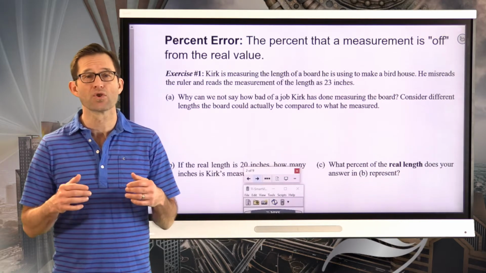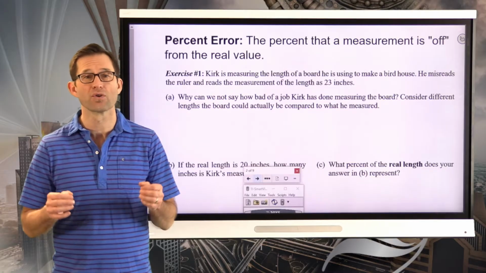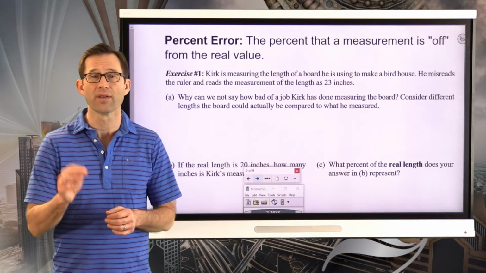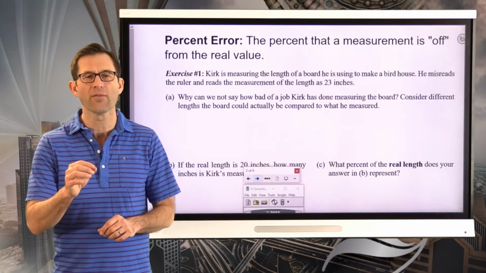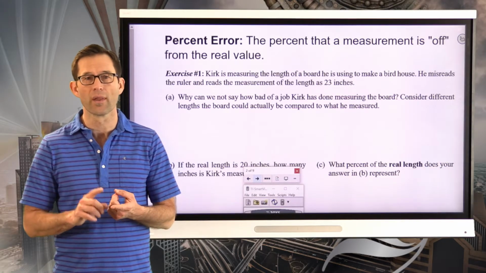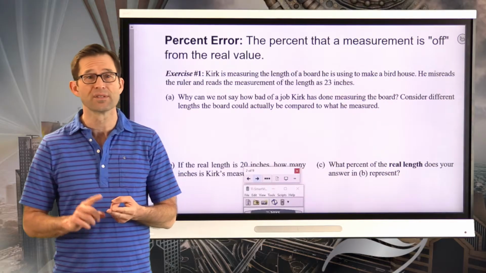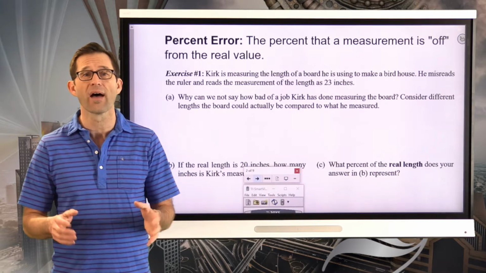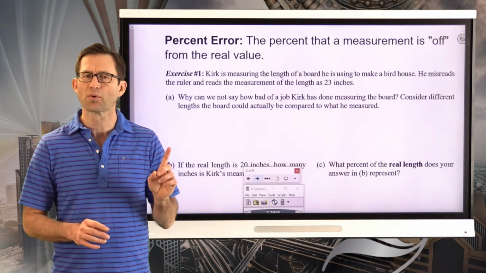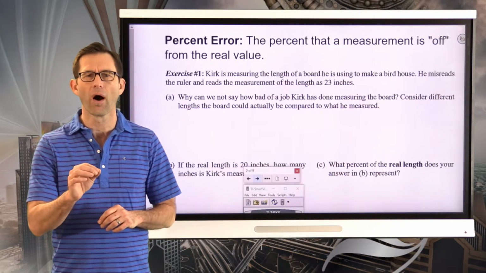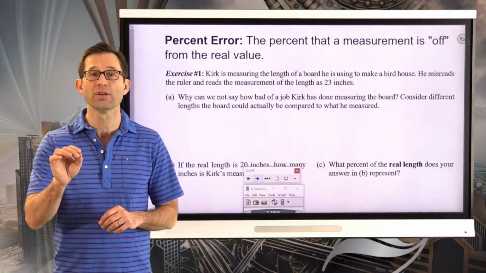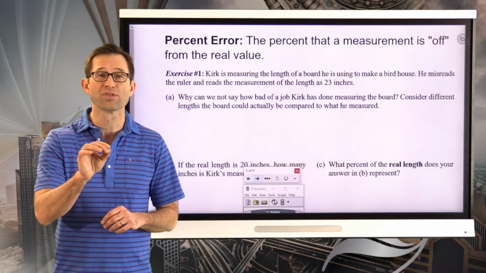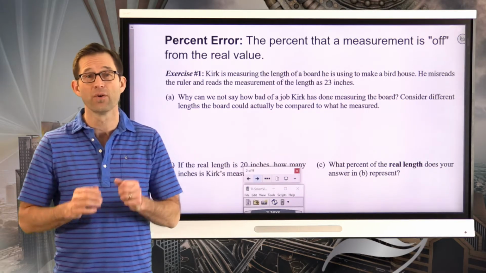When we're trying to measure the weight, the length, the volume or the temperature of something, almost always there's some kind of error, either due to a lack of precision in the measurement, mistakes that we make, things like that. There will be mistakes. So percent error is how far off our measurement is as a percent of what it actually should be, as a percent of the actual value of the measurement.